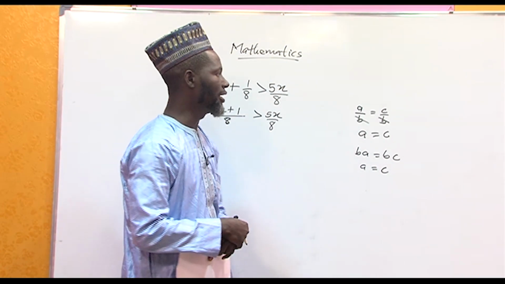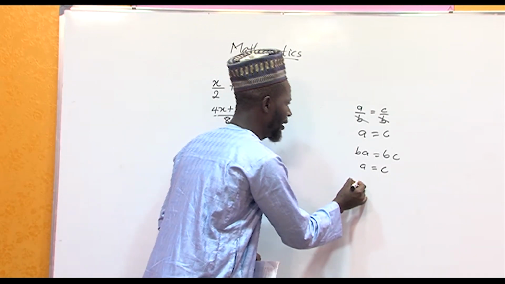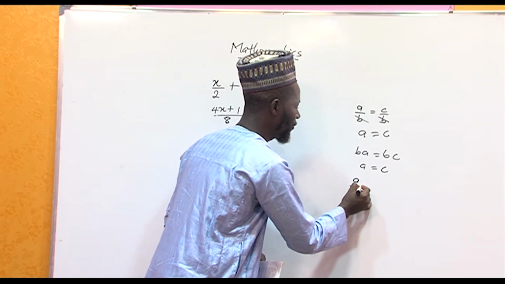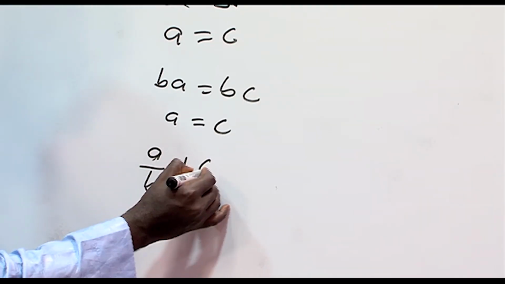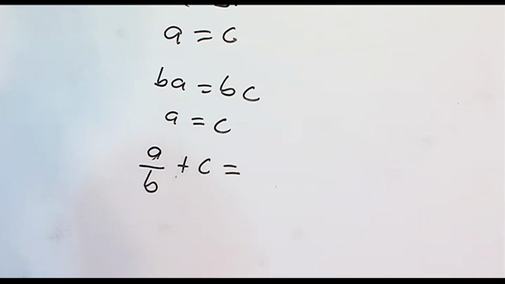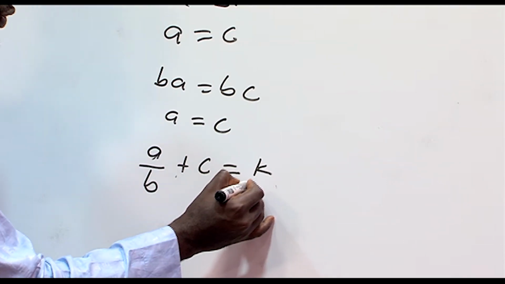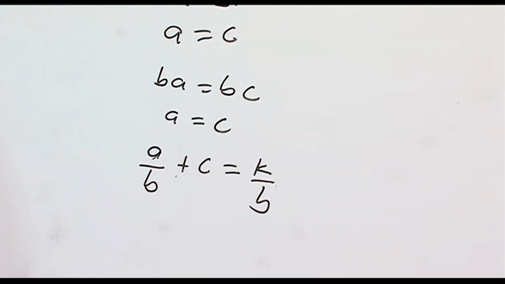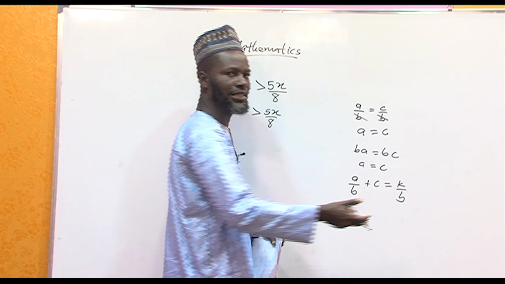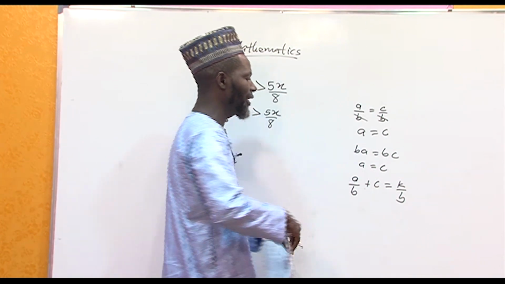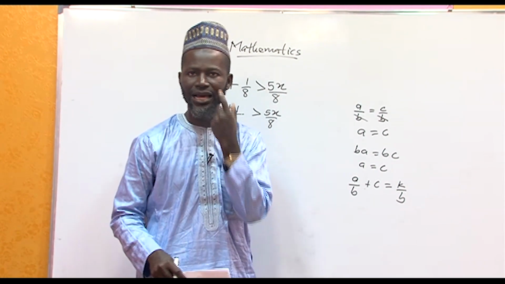What if you have A over B plus C is equal to K over B? Before you could apply that method, this left-hand side must be a single fraction.